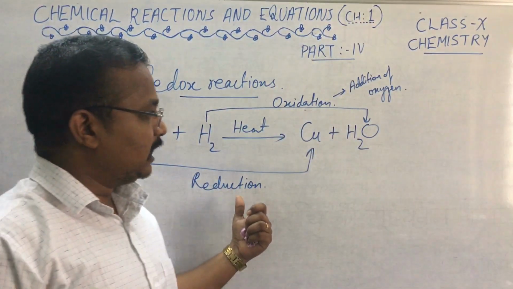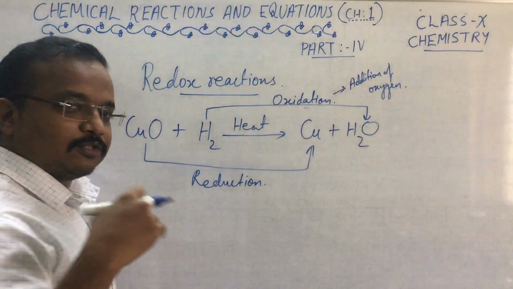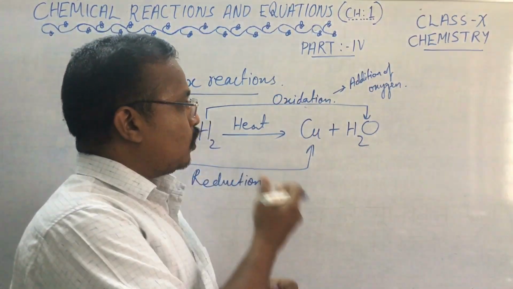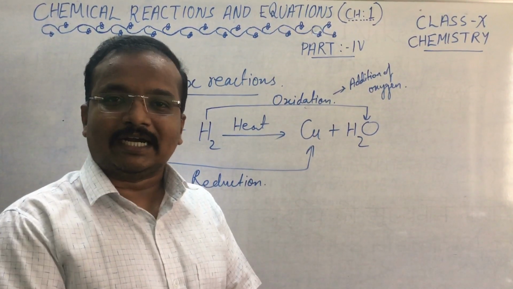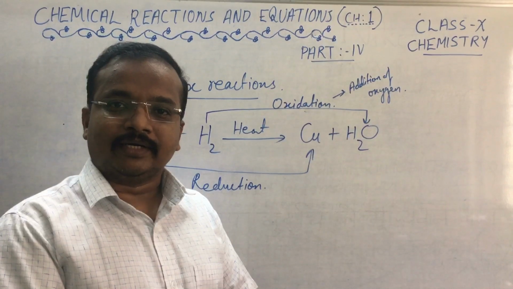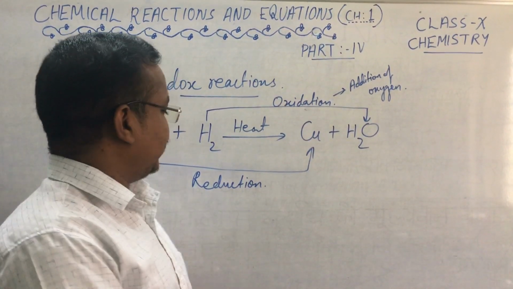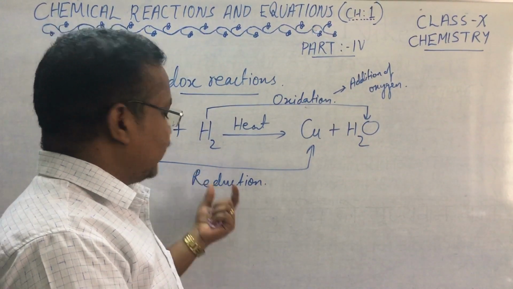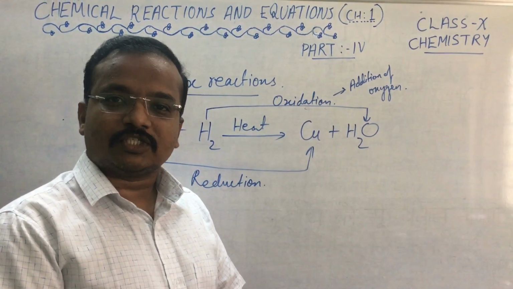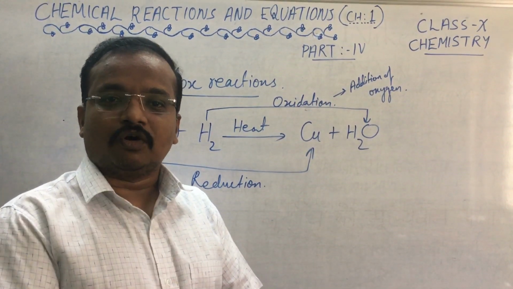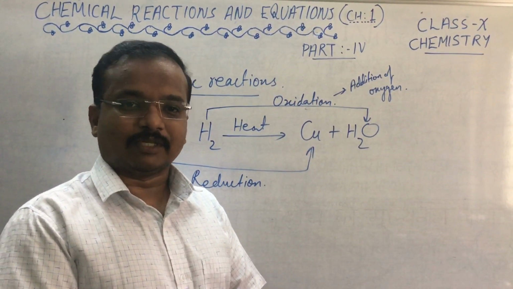In reduction, removal of oxygen takes place. We can also say that addition of oxygen or removal of hydrogen is called oxidation reaction, and reduction means removal of oxygen or addition of hydrogen takes place.